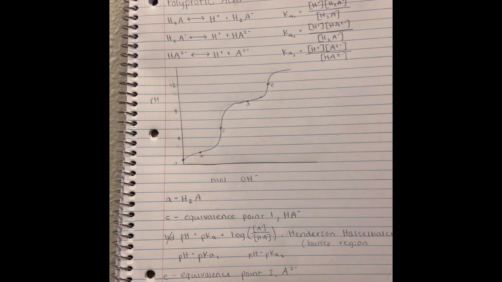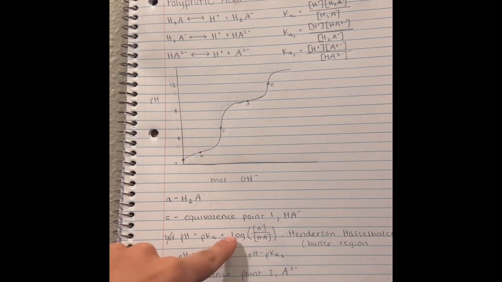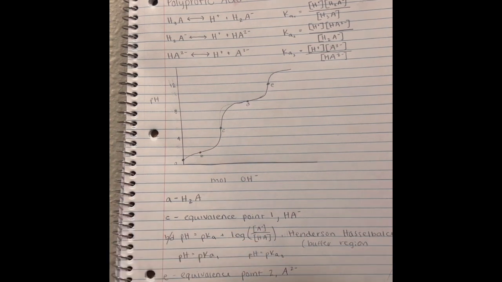It's the half equivalence point. And at that point, pH is equal to pKa because the concentration of H2A and the concentration of HA- are the same. So this log would be equal to 0 and pH would be equal to pKa.